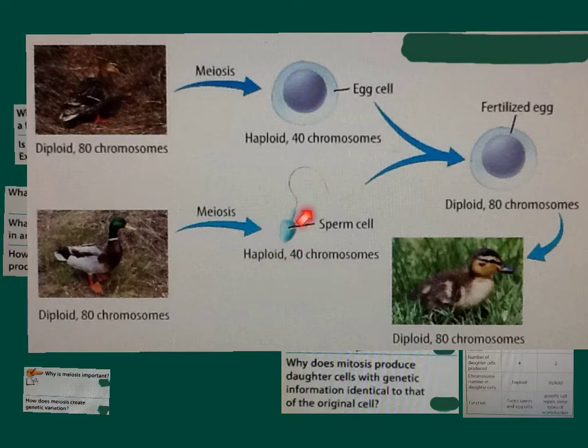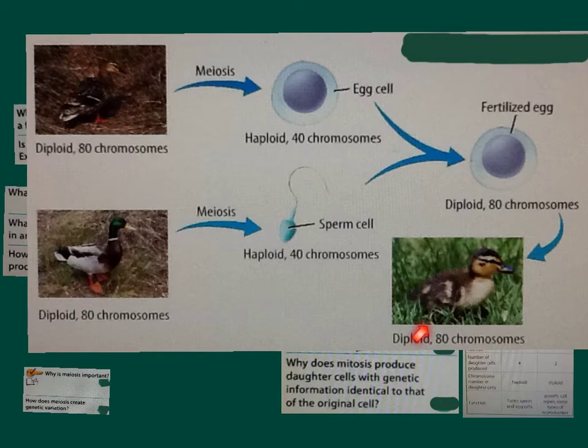Remember, when the two are fertilized and they come together in the fertilized egg, which is the zygote, 40 combines with 40 to make 80 chromosomes, a diploid cell. Okay, di meaning two, putting two together to form one, forming the combination of 80, which produces a baby duck that has diploid cells with 80 chromosomes.